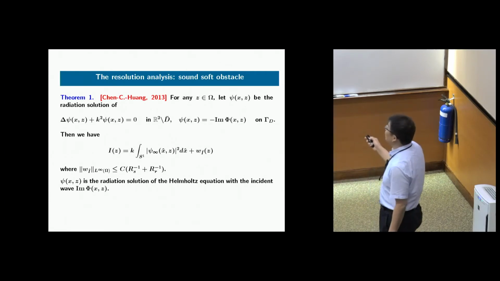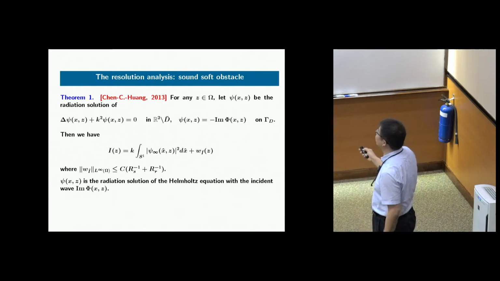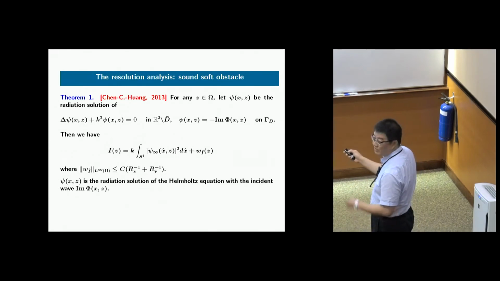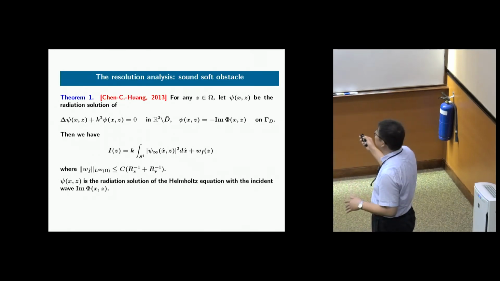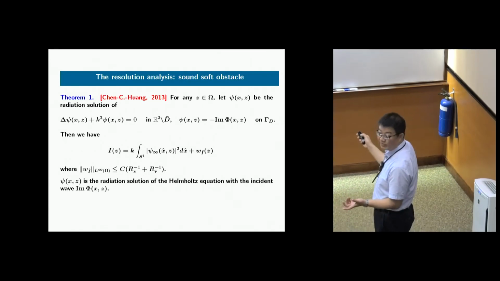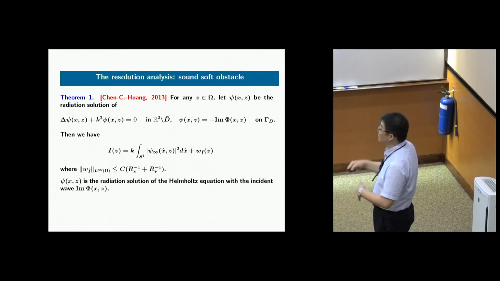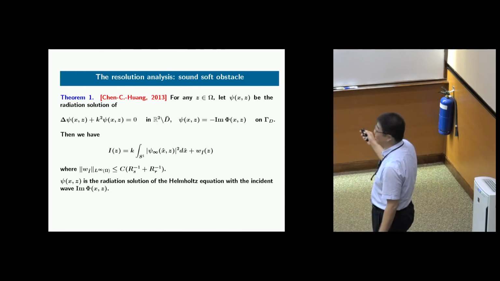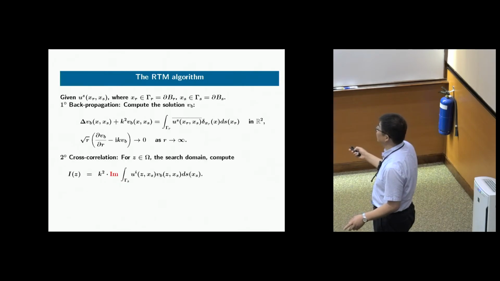What we can see from this is that if the imaging point z is far away from the boundary, this imaginary part is small, so the far field will be small. On the other hand, if z is close to the boundary, then this is big. You have already seen this picture.